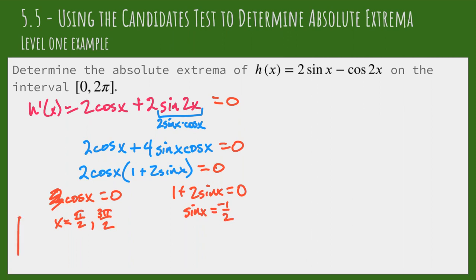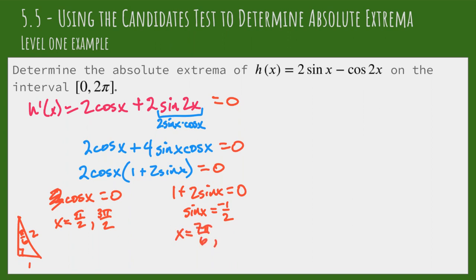So sine is equal to 1/2 for the pi over 6 angle. Sorry, I shouldn't say degree, pi over 6 radian angle. And so sine is going to equal -1/2 in the third and fourth quadrants. So that's going to be in the third quadrant, pi over 6 is going to be 7 pi over 6.